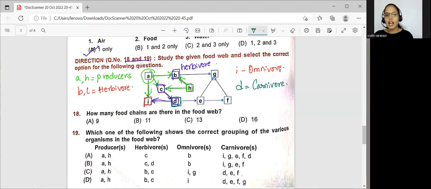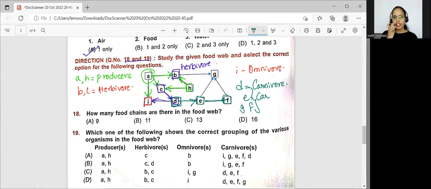Like that we have to understand. Now D is eaten by E, so E is also a carnivore, and F is eating E, so F is also a carnivore, and F is eaten by G further, so D, E, F, G all are carnivores.